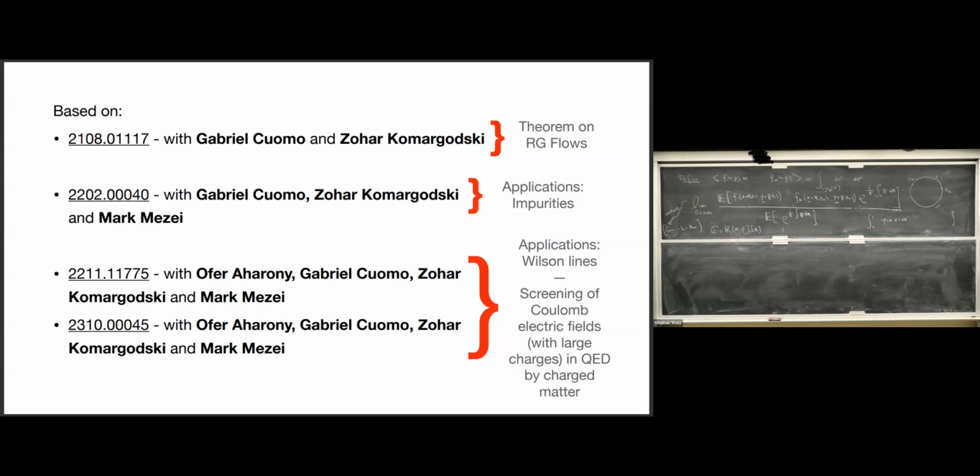The second one studies applications in the context of spin impurities, and is based on work done together with Gabriel, Zohar, and also Mark Mezei from Oxford University. And these two works were done with the same group of people, and also Ofer Aharony from the Weizmann Institute. Here we studied applications in the context of Wilson lines.